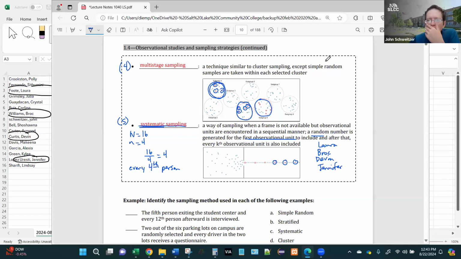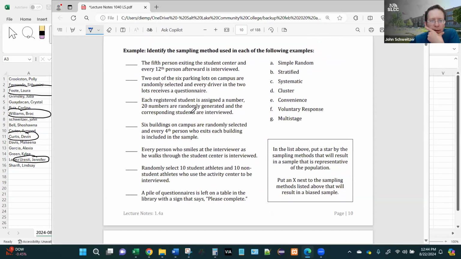So I want you guys to practice with this. Here we have about 7 or 8 scenarios. Each one of these is a sample that was done, and I want you to tell me what kind it was.